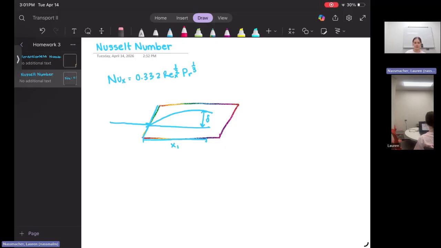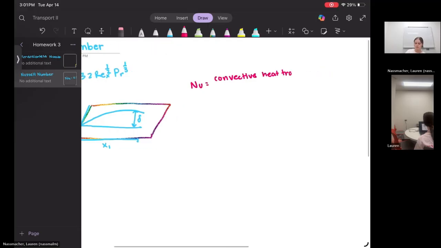From here, let's find the units that we're using in our Nusselt number. Now, our Nusselt number is actually the ratio of convective heat transfer to conductive heat transfer.